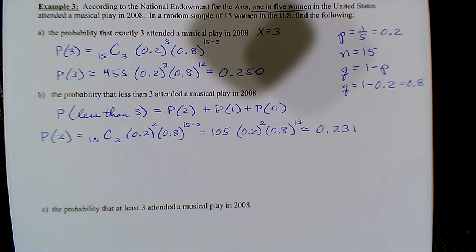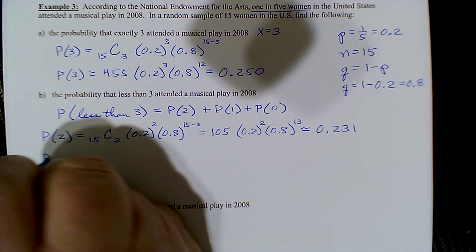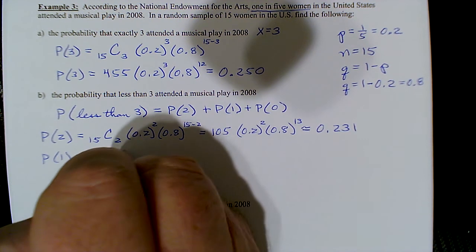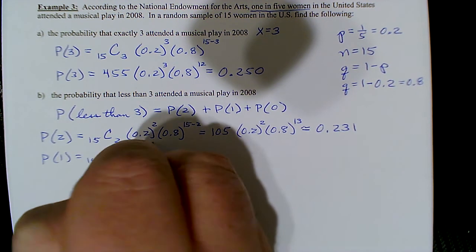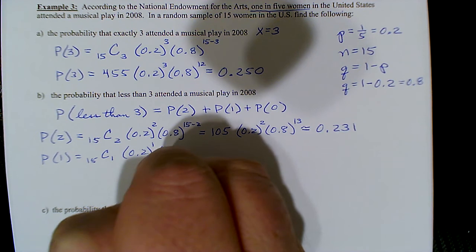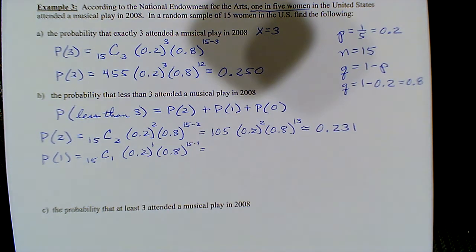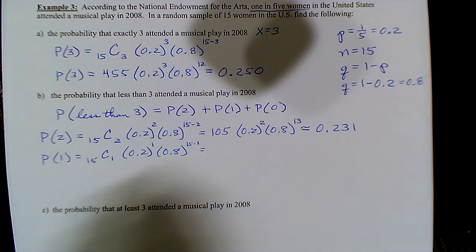Okay, so then we have to do it for 1. P of 1 would be 15 choose 1 times 0.2 to the first times 0.8 to the 15 minus 1. 15 choose 1 is just 15. Let me double check that. Yep.